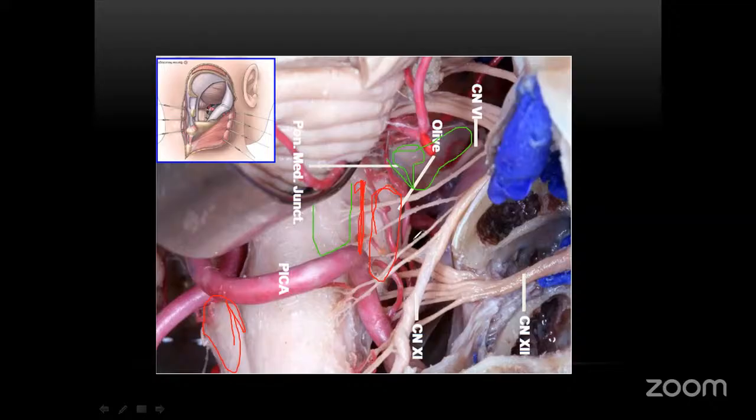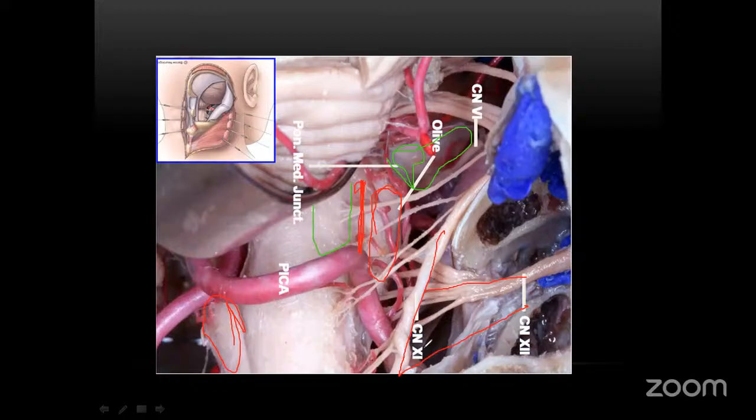Previously, we know the 10th nerve is a little bit downward, so it is not shown here. Look at this area. This is the 12th nerve. The vertebral artery will be here, and as it comes around, it will make the PICA. Look at the typical course of this one.